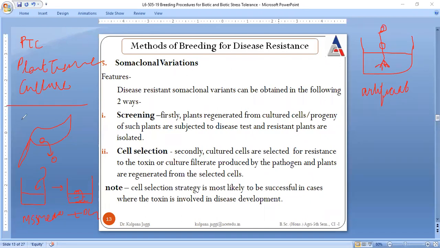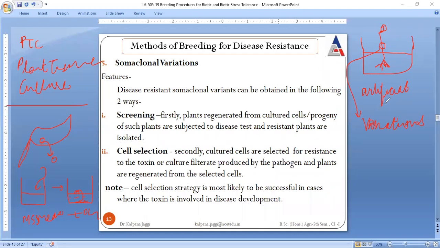But what happens while we are developing the plant under these artificial conditions, certain variations take place.